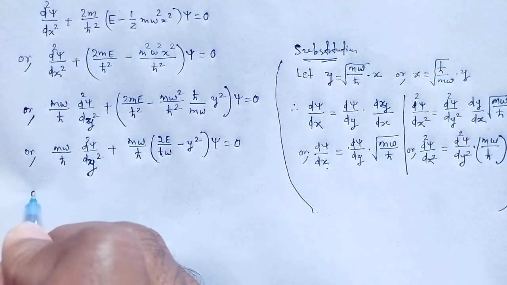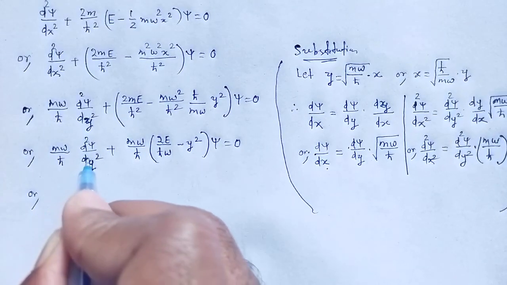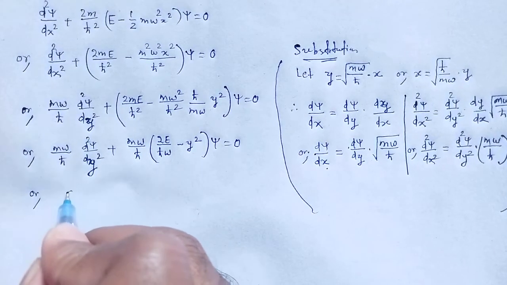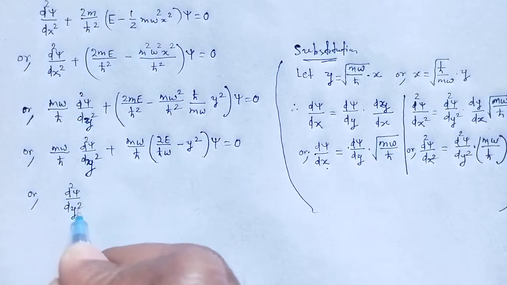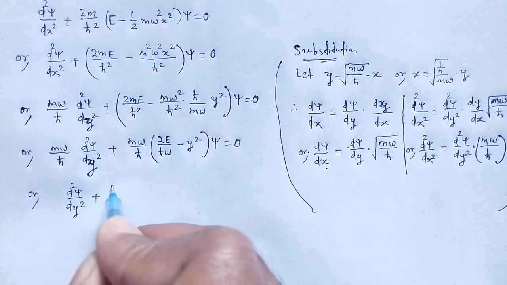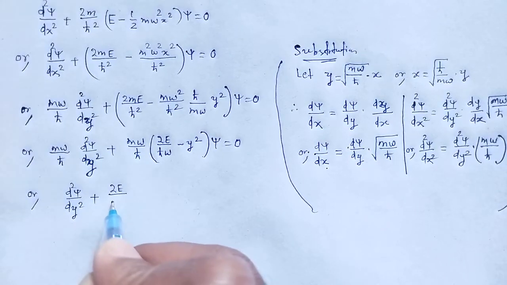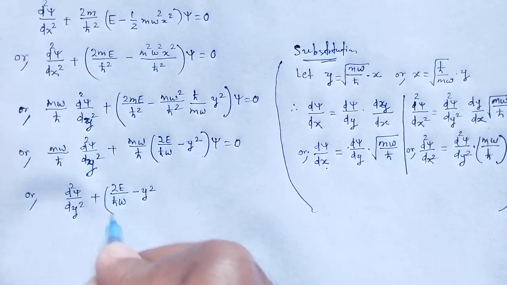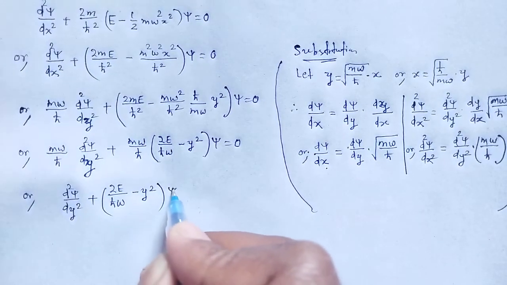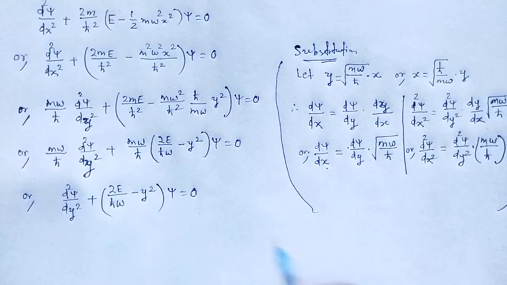Or d square psi by dy square plus 2e by h cross omega minus y square, psi is equal to 0.